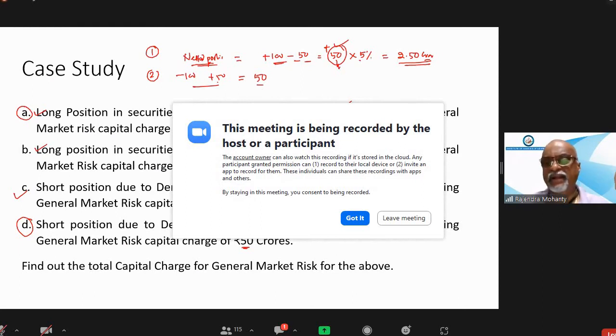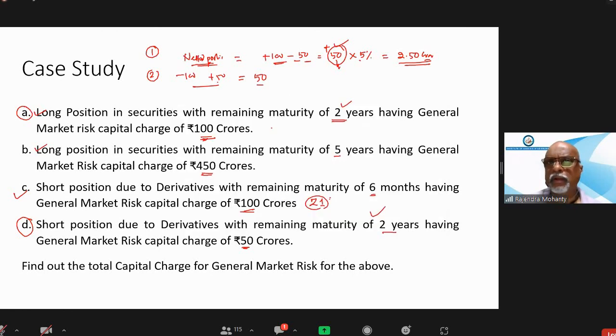Okay, so this position of C belongs to which time zone? Zone 1, zone 2 or zone 3? Zone 1. So this belongs to zone 1. Now does this 2 year belong to zone 1 or zone 2? Zone 2. This belongs to zone 2.